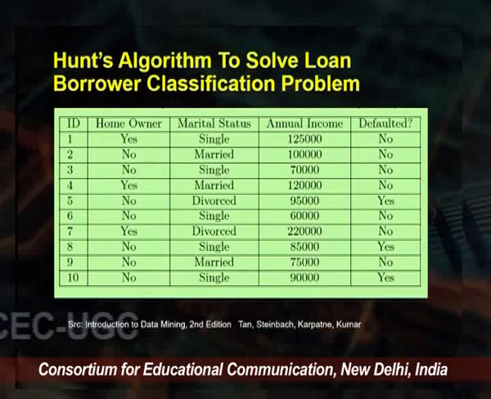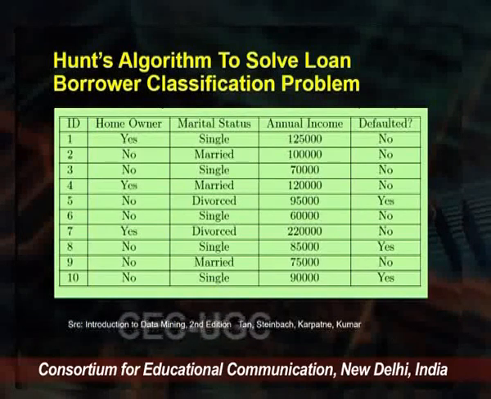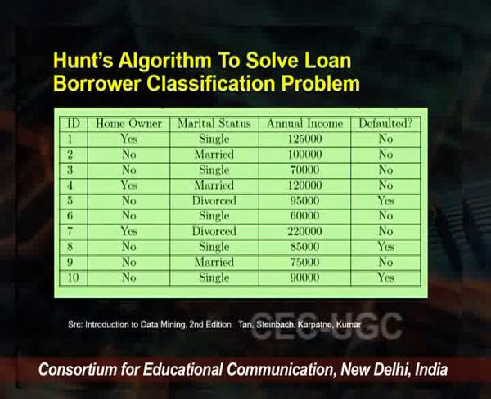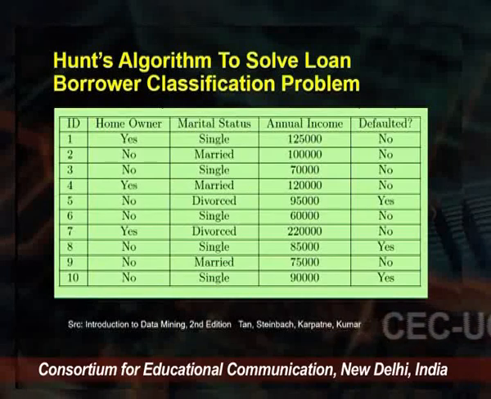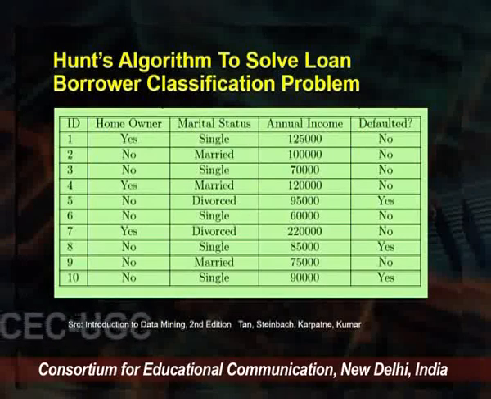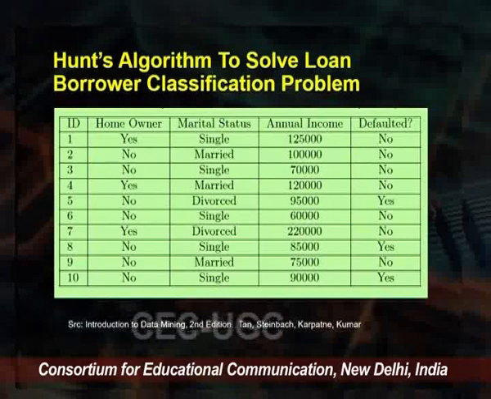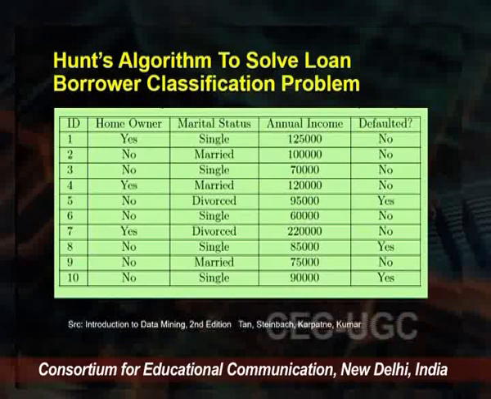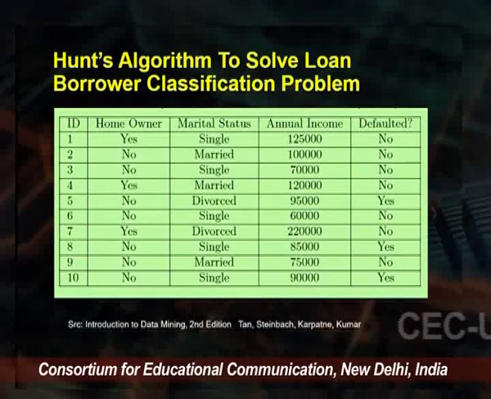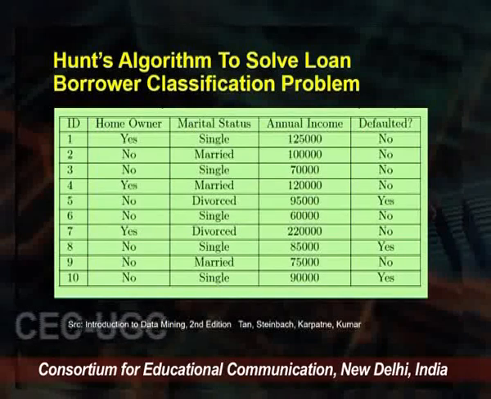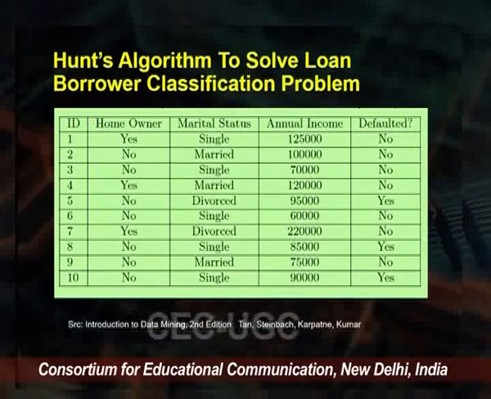Okay, so now we will look at the borrower's classification problem. We had seen that in the borrower's classification problem we had taken the personal data of the borrowers, and looking at that personal data we wanted to assign a class, whether the borrower is a defaulter or is not going to be a defaulter, right.